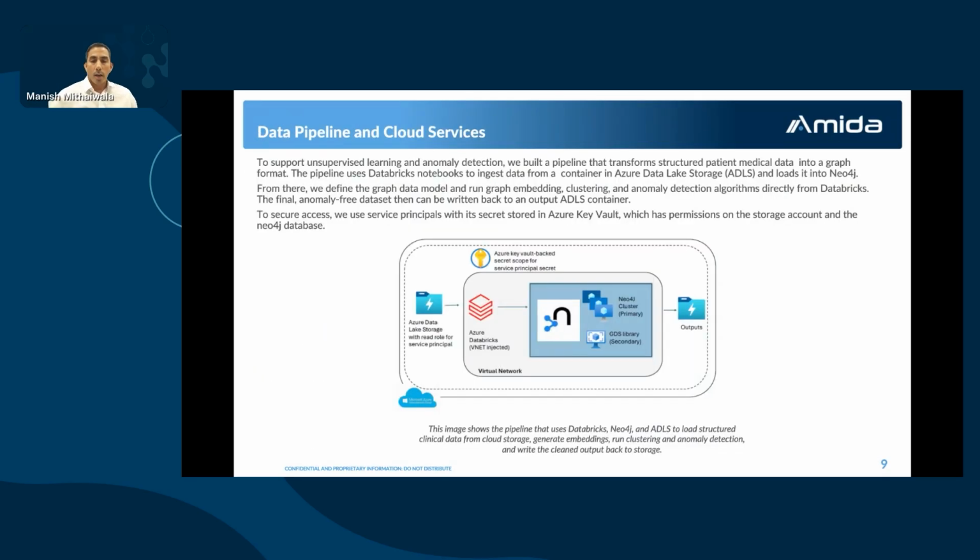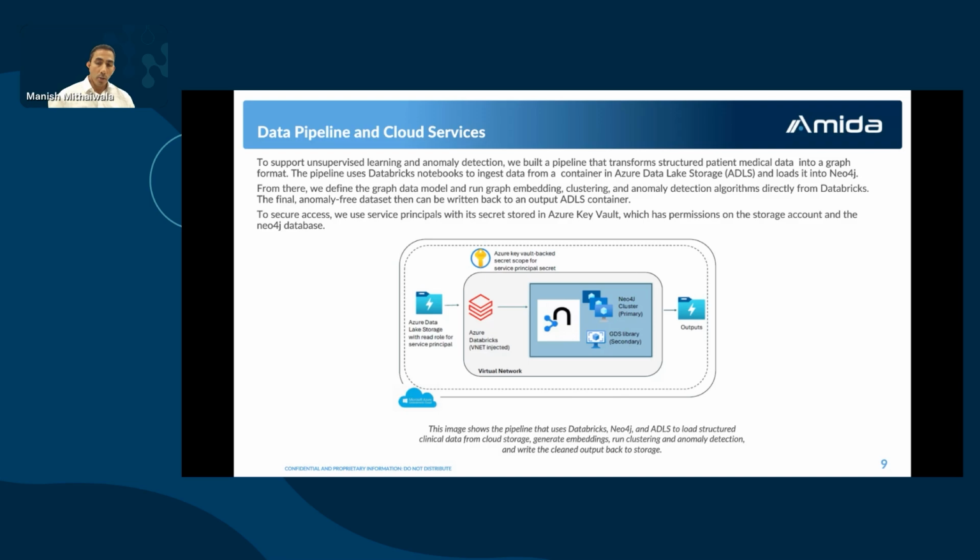To support the graph analysis, we built a pipeline that works at scale in Azure Cloud. We started with Databricks, where we can take advantage of the Spark and Neo4j connector for writing and reading to and from a Neo4j database. The notebooks in our pipeline read data from a container in Azure Data Lake Storage. From there, data is loaded into Neo4j, where we define the graph structure and store the nodes and relationships.